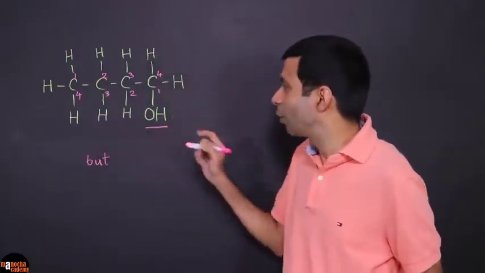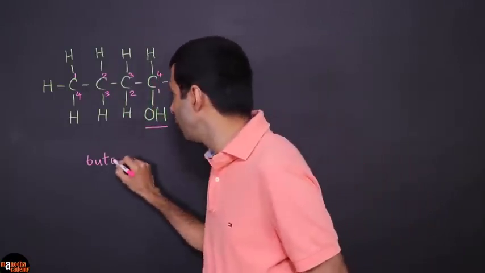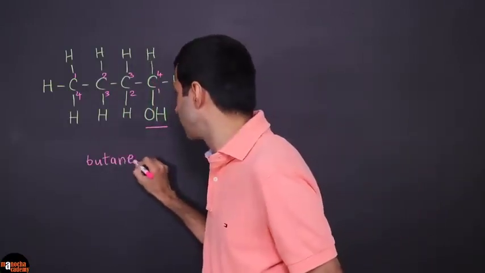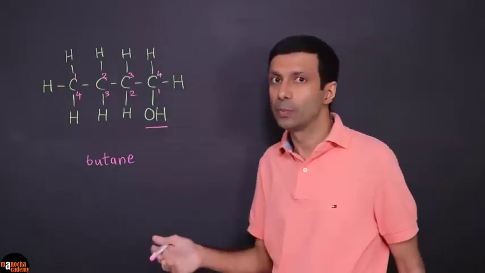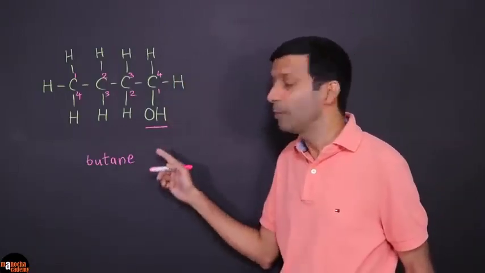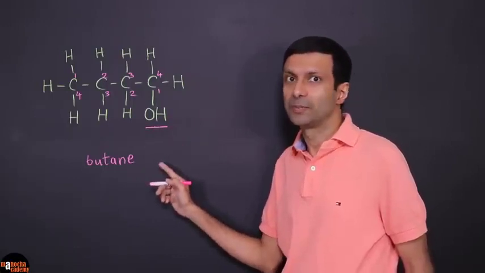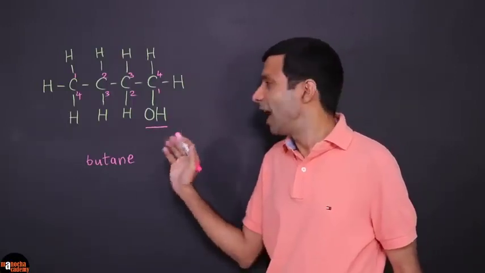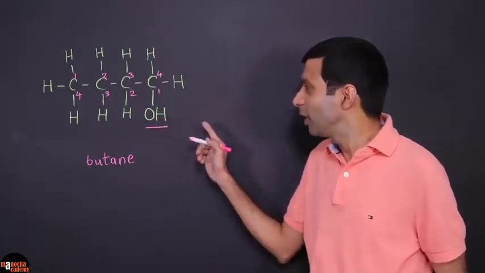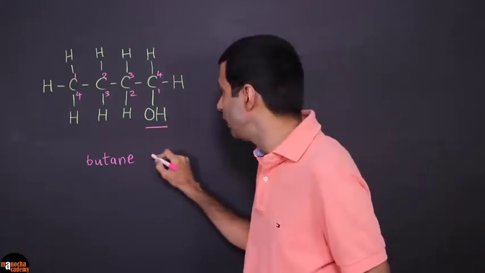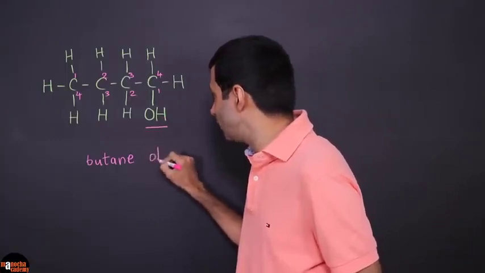And if the alcohol wasn't there, the name would have been butane. But you know that alcohol and other functional groups that we are going to talk about, their name comes in the suffix. The prefix was for alkyls and the halogens. So this alcohol name will come in the suffix, and the name ends with OL.